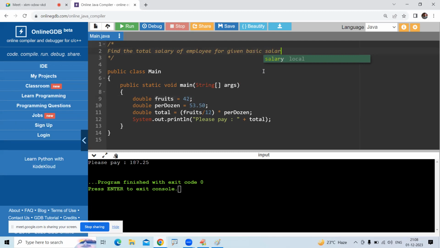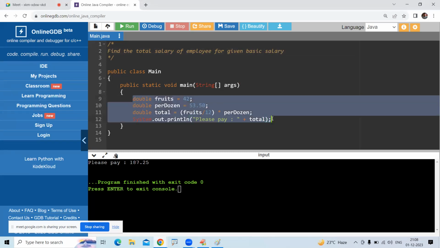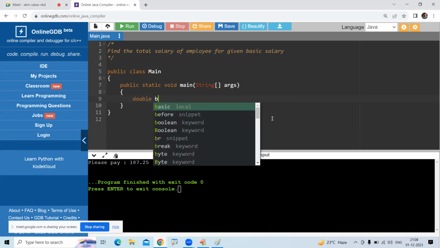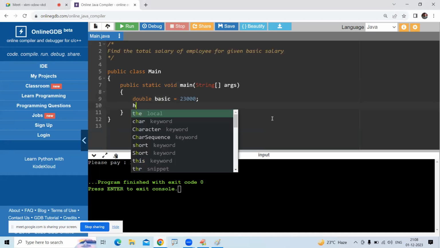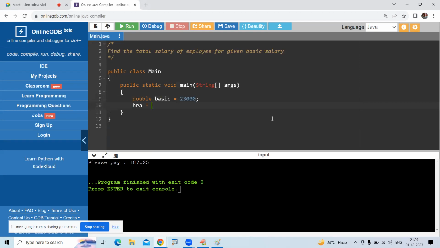Suppose they have given some amount as basic salary, and they mention clearly 20% HRA we need to calculate. HRA, house rent allowance, equals 20%, means 20 by 100.